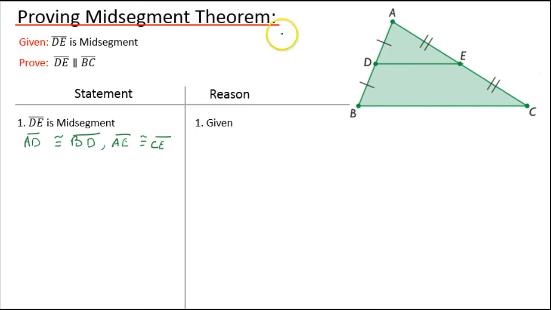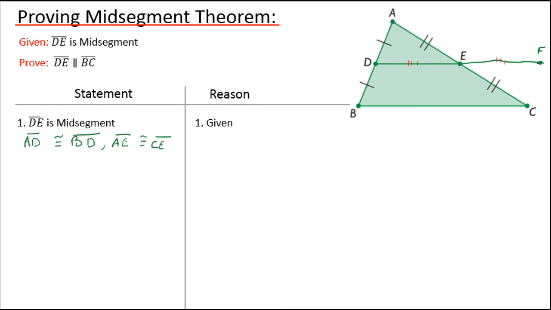So now what we want to do is construct a point outside of this. So I'm going to construct this point here. I'm going to call that F. I constructed F such that it is exactly the same distance as DE. So this distance here should be the same as EF.